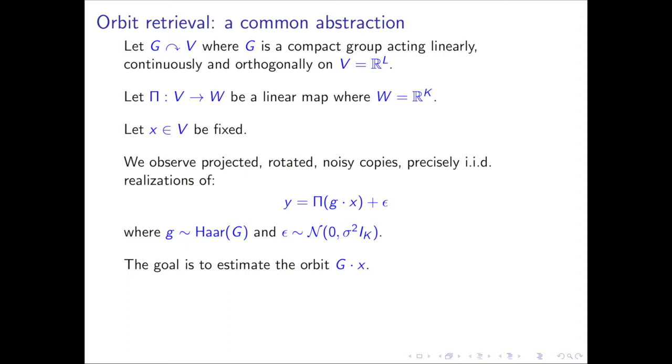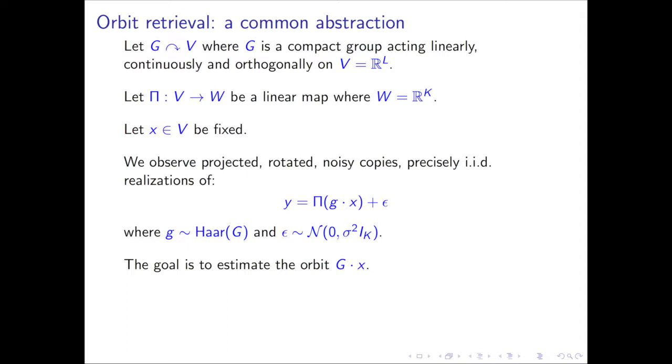Let pi be a fixed linear projection from V to W. This plays the role of tomographic projection in the imaging.